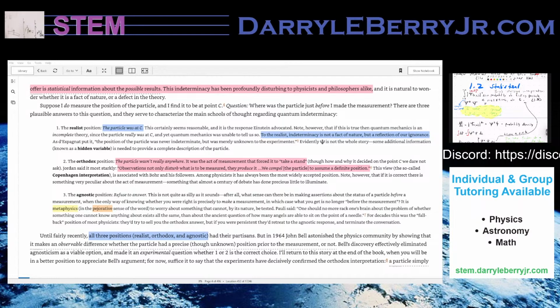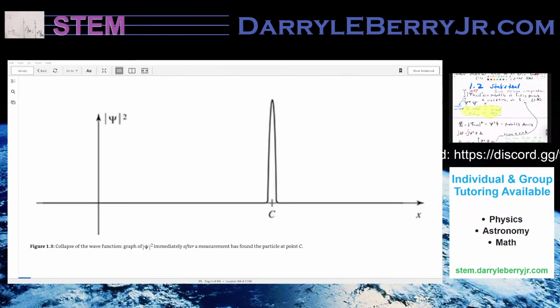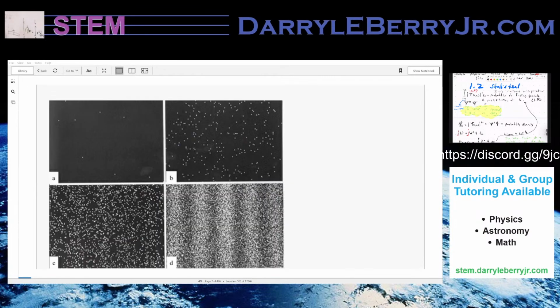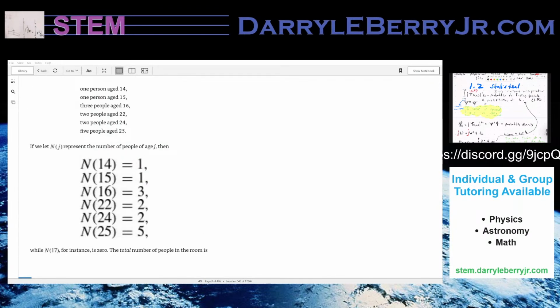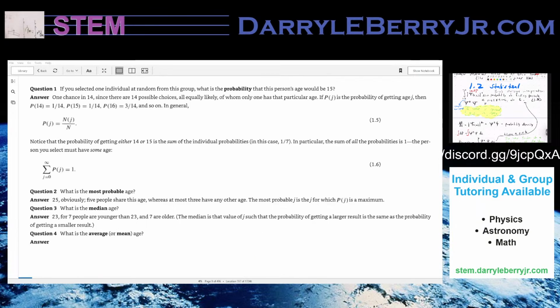And it's going into different ways of looking at quantum mechanics. Electron interference, probability, which is what we were talking about earlier. Give a brief recap on how the probabilities add to 1.